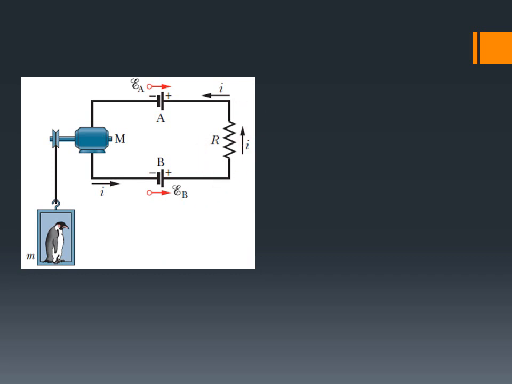And here you see a resistor and here is a motor. It does the mechanical work. So the arrow I shows the flow of charges, that they are moving counterclockwise.